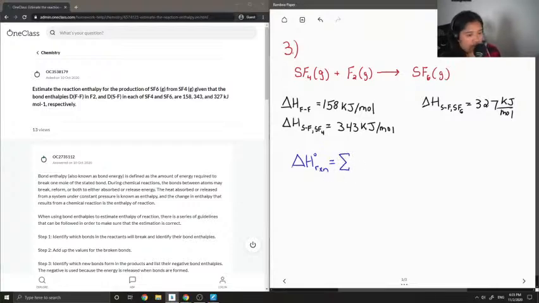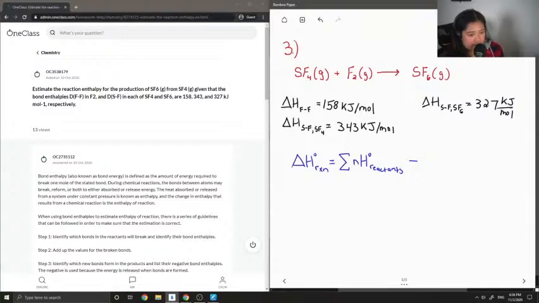It's going to be the sum of your enthalpy for the reactants. And it also depends on how many moles of your reactants there are. So since everything reacts at a 1-to-1 ratio, we don't really have to worry about it in this case, but that's why I also mentioned that it's important to balance your equations before you start questions like this.